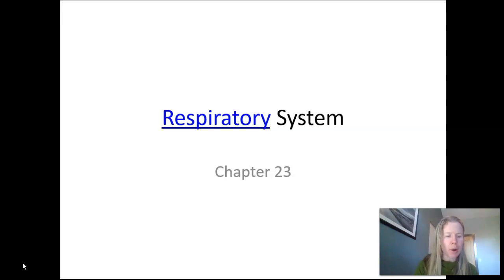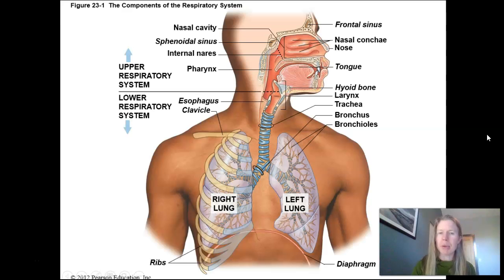Okay, so again, most of this anatomy we'll do in lab, but let's take a quick look here. One of the key things that you should notice is that we separate the respiratory system into the upper respiratory system and the lower respiratory system.